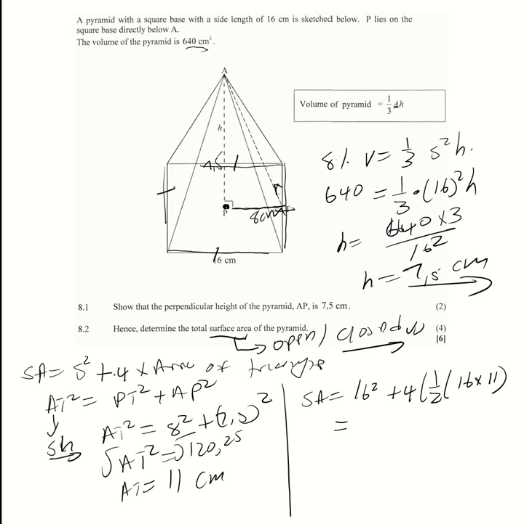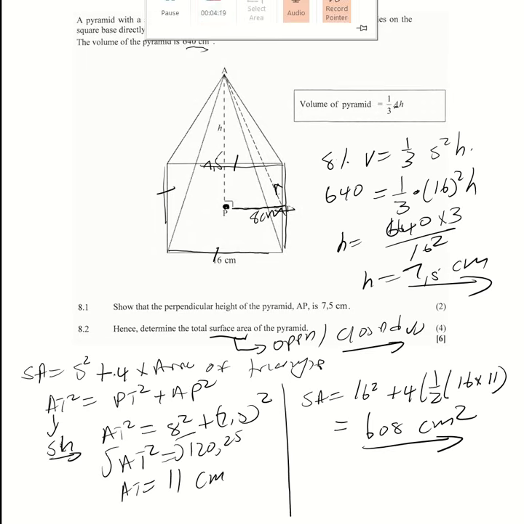So now the area is 16 squared plus 4 times 1/2 times 16 times 11, which gives me 608 centimeters squared, because that's a surface area.